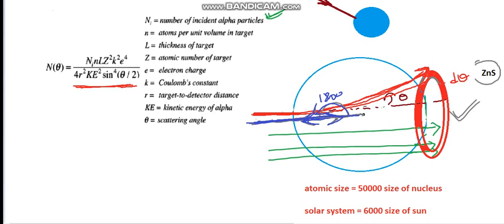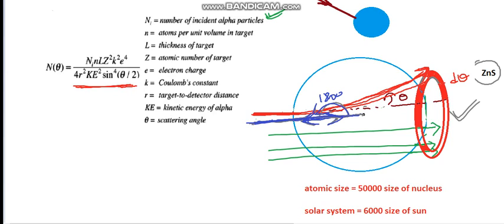Now if you substitute this 180 degrees in your equation, then you will have sine of 90, which is the maximum value of the sine, and which will lead to the number of alpha particles scattered at that particular angle being minimum, because in your denominator you will have the maximum. So the number of backscattered alpha particles will be very, very small, and the number of alpha particles which are scattered at the lower angle will be larger.